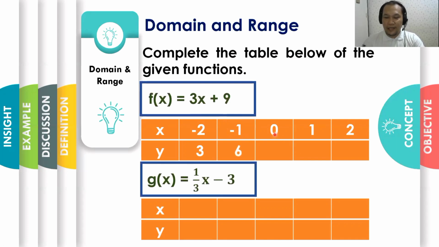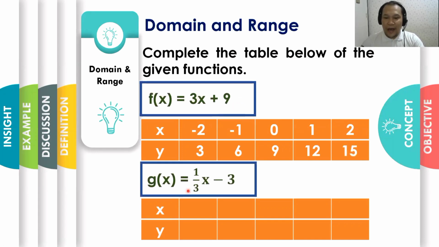If x is 0, then 3 times 0 is 0, plus 9, the answer is 9. If x is 1, then 3 times 1 is 3, plus 9, the answer is 12. If x is 2, then 3 times 2 is 6, plus 9, the answer is 15.